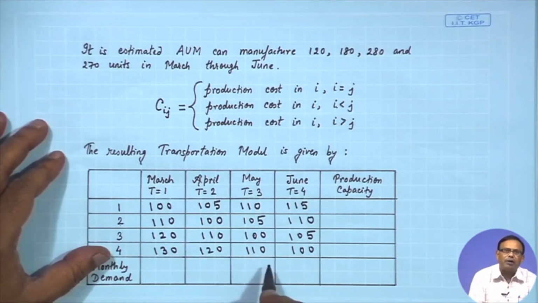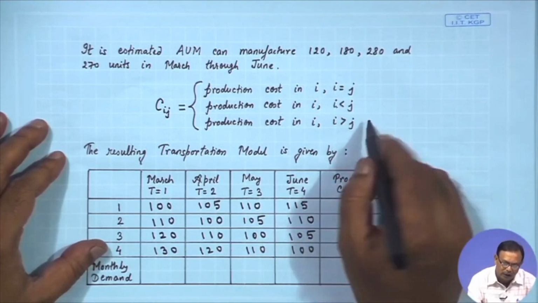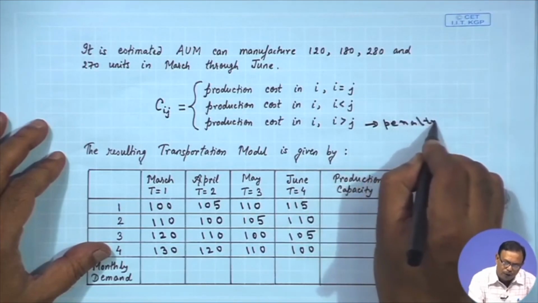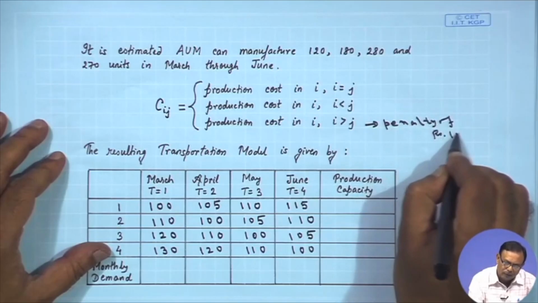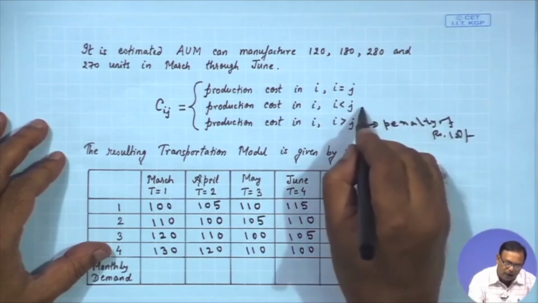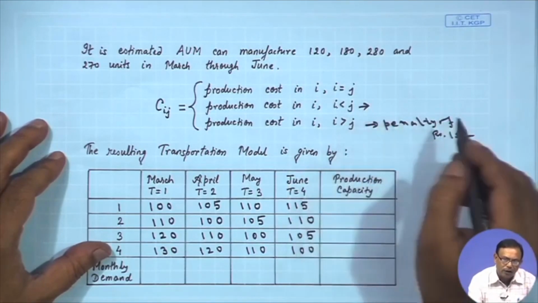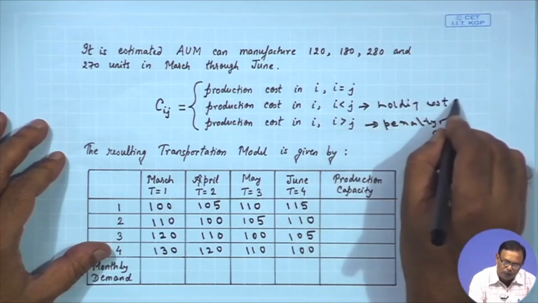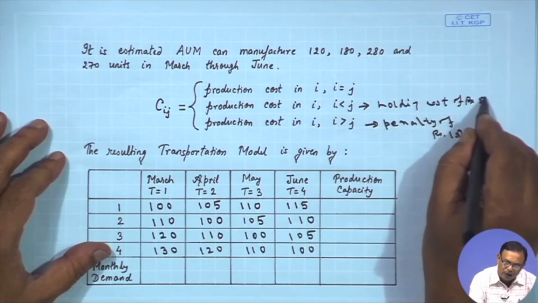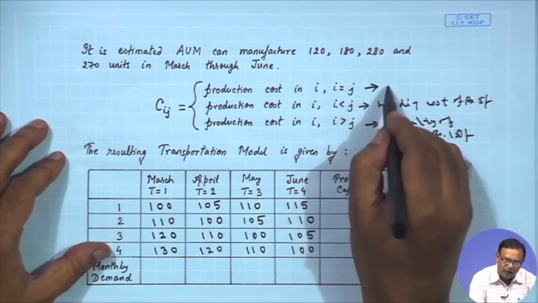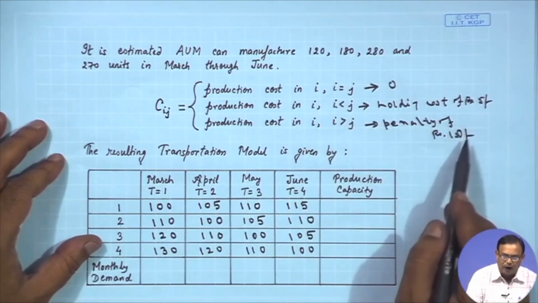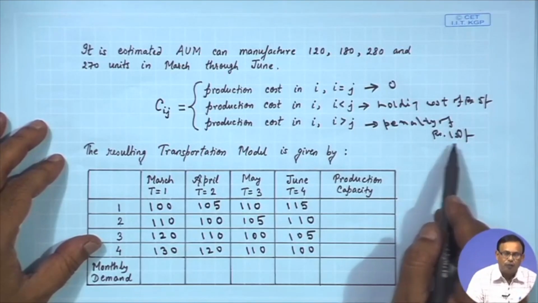It is reducing by 10 rupees, because for all these cases, whenever i is greater than j, you are giving a penalty of rupees 10, and whenever i is less than j, in that case you are giving an additional holding cost of rupees 5. For this case it is 0. So, depending upon i less than j, you are adding 5, or you are adding 10 whenever i is greater than j.